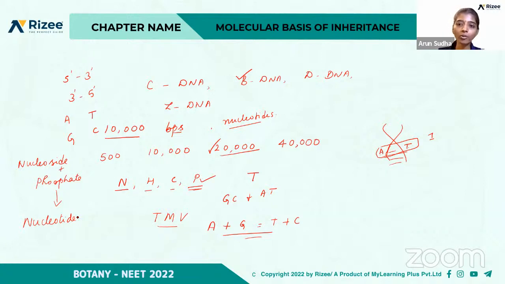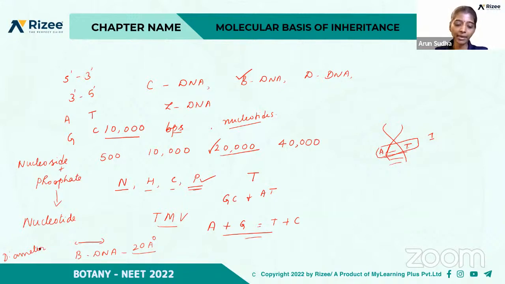Which is the correct answer? It is the diameter of the helix in the case of B-DNA. Yes, B is the right answer. That is, 20 Angstrom is the right answer. Diameter.